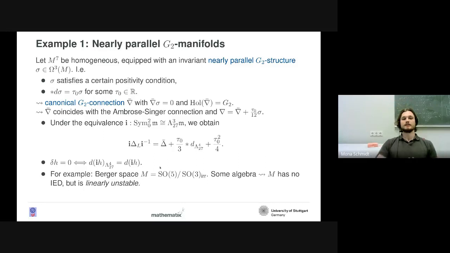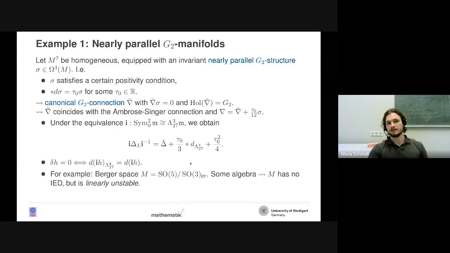For example, if we take the Berger space, this is a homogeneous space defined by the quotient of SO5 by SO3, where SO3 is embedded via its irreducible 5-dimensional representation. Then we can get to the spectrum of this Lichnerowicz Laplacian, at least to the small eigenvalues, and we can show that it does not admit any infinitesimal Einstein deformations, but it is linearly unstable.